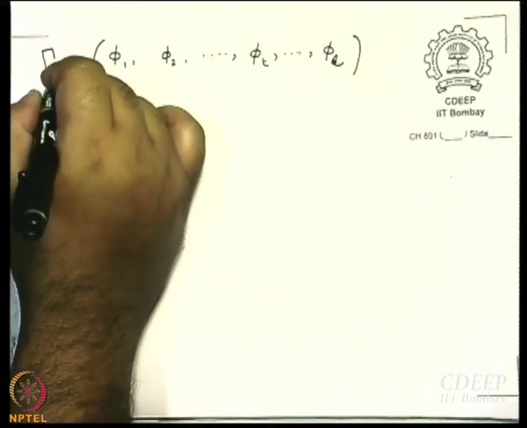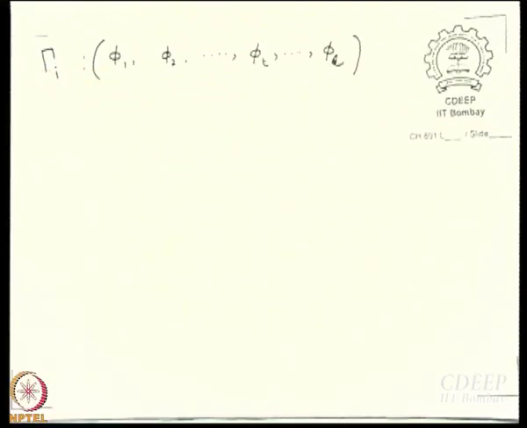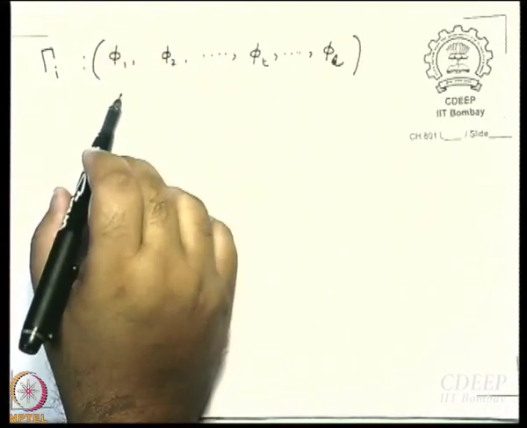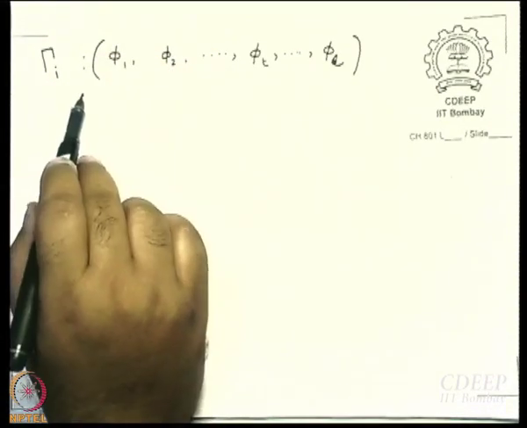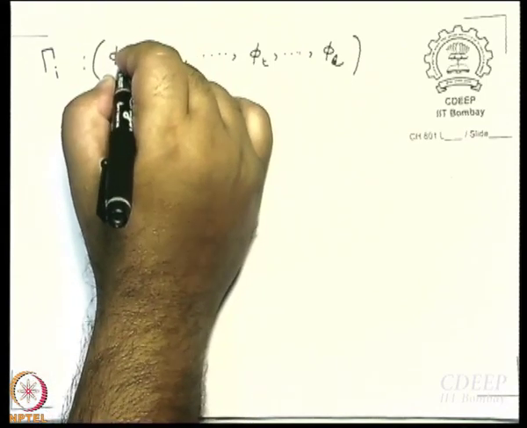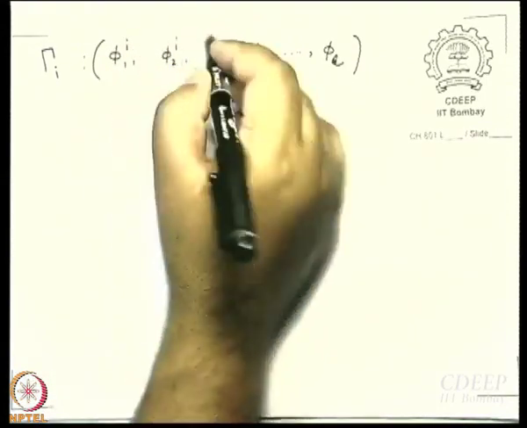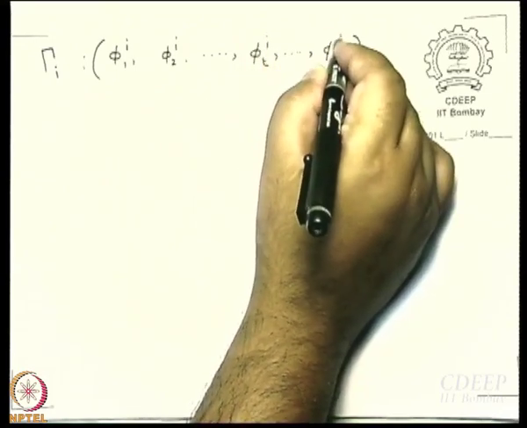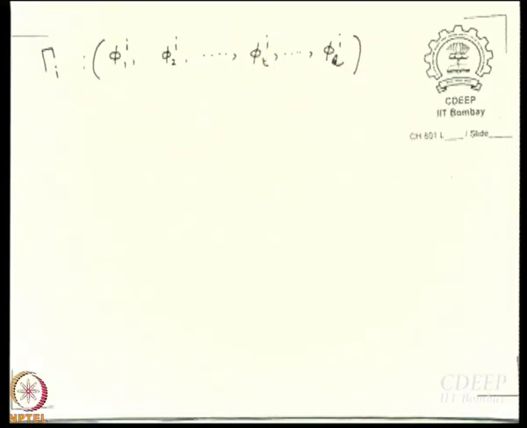If it is the ith irreducible representation, right, we are used to this notation. Just to remember that these functions all form the basis of the ith irreducible representation, let me also put the superscript i on every function. I hope that is not very difficult, right. So I have L number of functions, phi 1 i, phi 2 i, etc., up to phi L i, which jointly form a basis for the ith irreducible representation of our point group. So far so good.